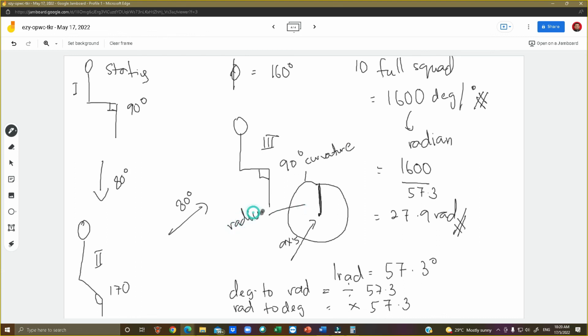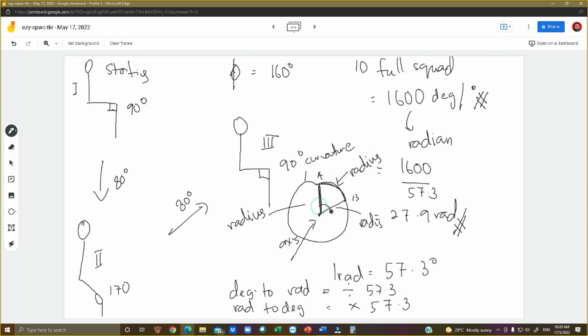Betul? Okay, radius. If we have two radius from point A to point B, the curvature here, this is also known as radius. Okay, it is also known as radius.